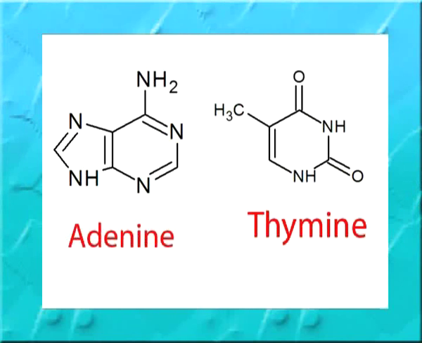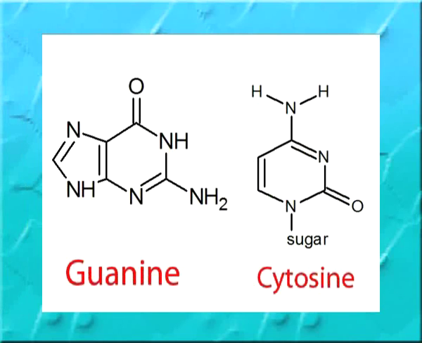The -10 region is highly adenine-thymine rich. The melting of adenine-thymine base pairs, which have only 2 hydrogen bonds, requires less energy as compared to guanine-cytosine, which has 3 hydrogen bonds.